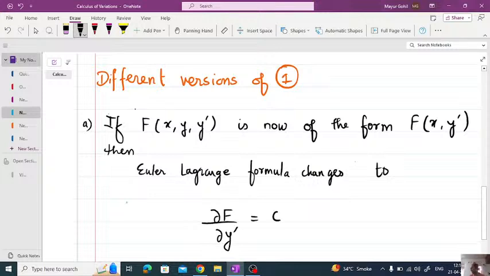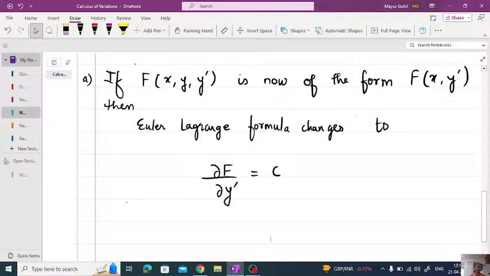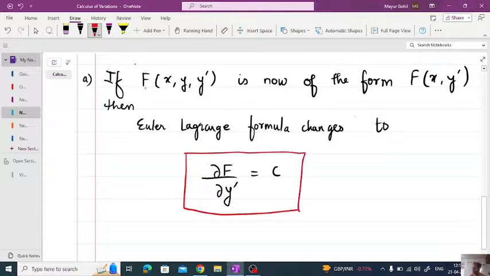This is the formula that you will have. Okay. Now the next one. So this is the new formula when this is there. Alright.